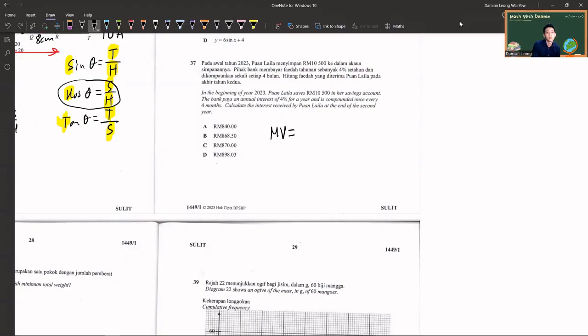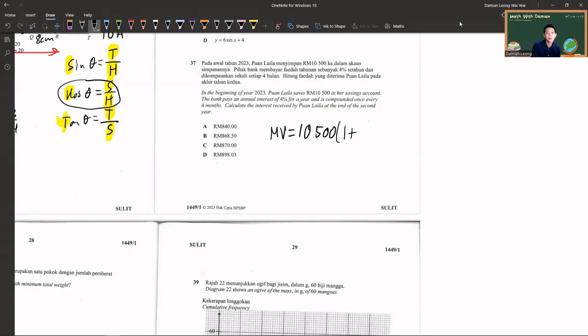MV equals P, principal, 10,500. Okay, nilai yang dia simpan. So times 1 plus R, interest rate. Okay, kadar faedah.